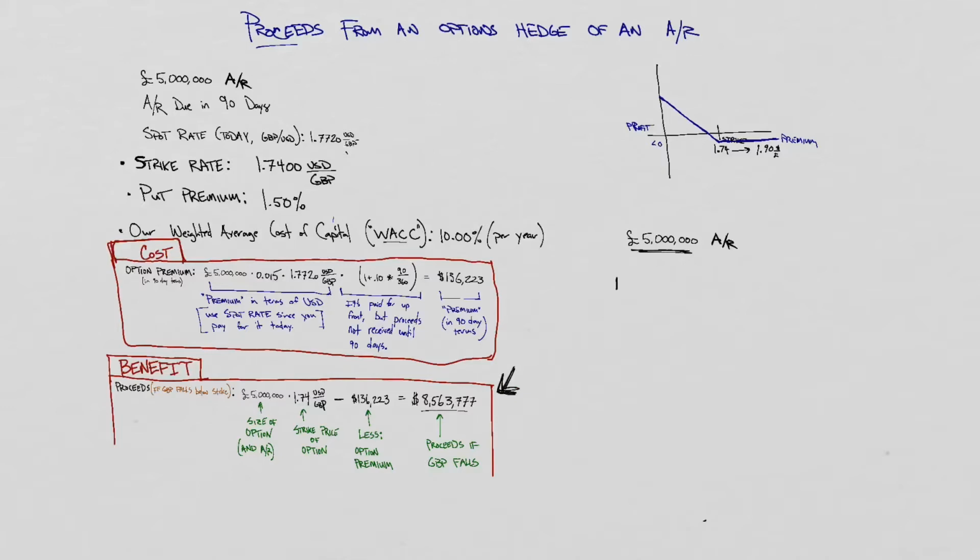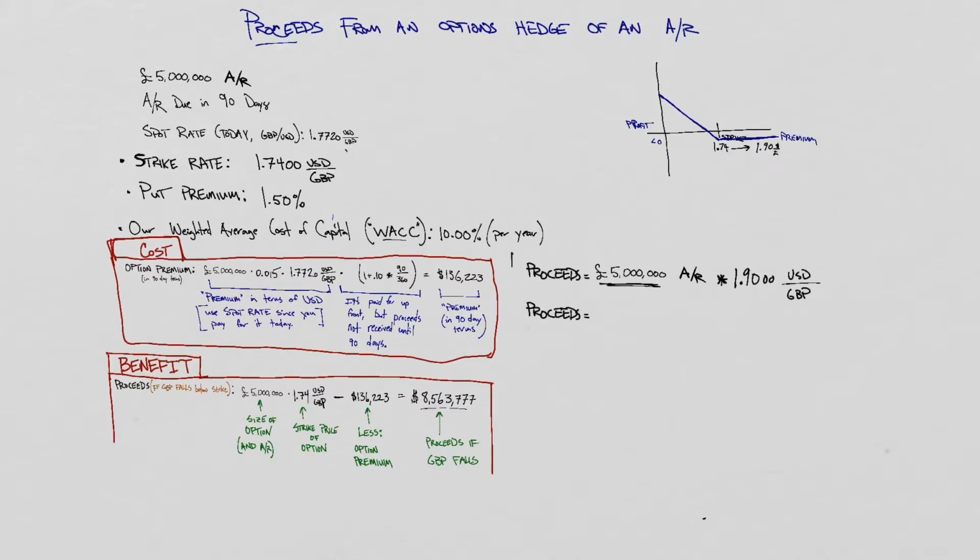But if the pound actually strengthens, and let's say it strengthens quite a bit in 90 days to 1.90 USD per British pound, so the pound's buying many more USD than it did just 90 days prior, then those 5 million pounds in terms of USD translate into quite a bigger number. Here, in the case of the pound strengthening, we still get paid the 5 million pounds, but in dollar terms, that's $9.5 million.